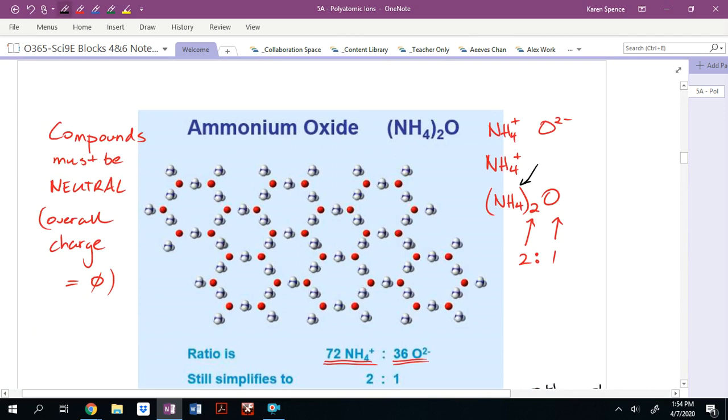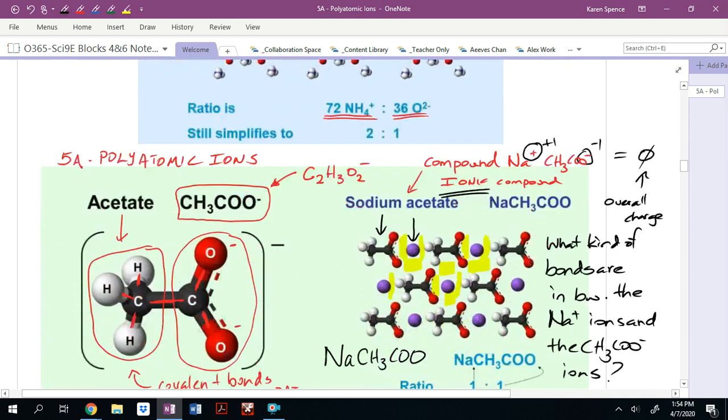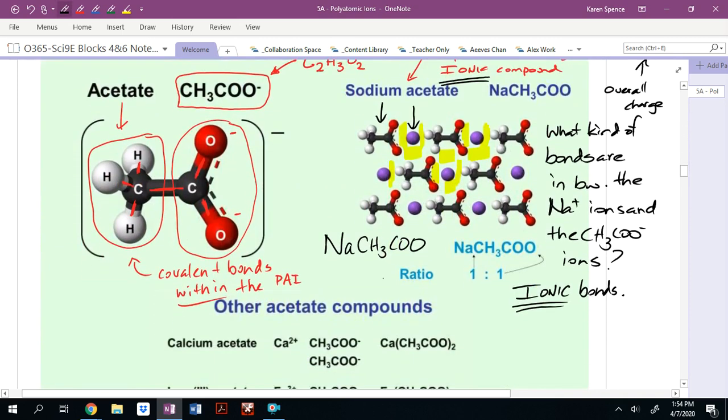The reason we did that is because there were 2 of them. So if you have more than one of a polyatomic ion, you put it in brackets. But if you only have one of a polyatomic ion, like here, we only have one acetate, there's going to be no brackets.